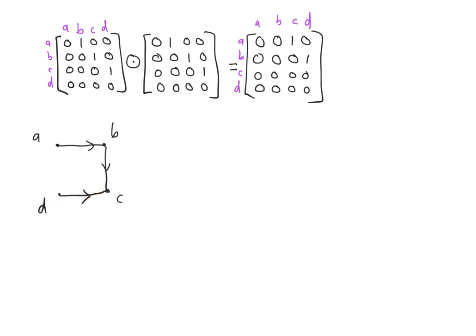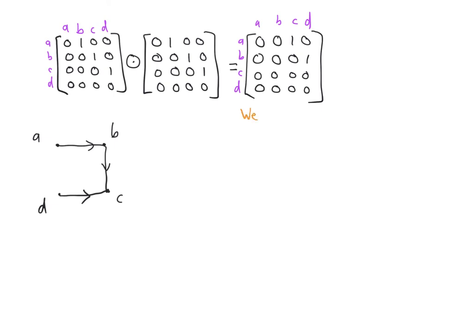Notice that to get transitivity, then, we would want to add in just a single edge from A to C, as this is indicating, and a single edge from B to D, as this is indicating. So this matrix gives us the following information.